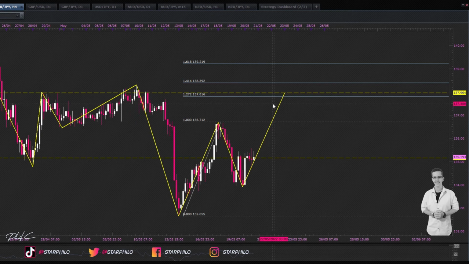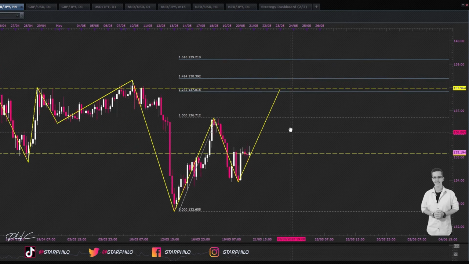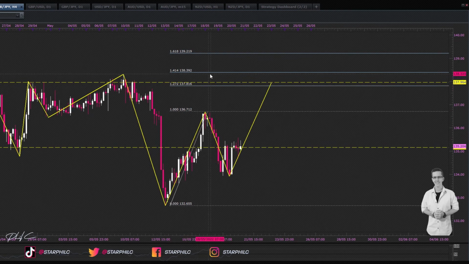Okay, all 3 conditions mean the criteria is met for a valid Gartley pattern. Following the if-then syntax, if price action completes the D point at the 127, then we can sell into the 382 and the 618.